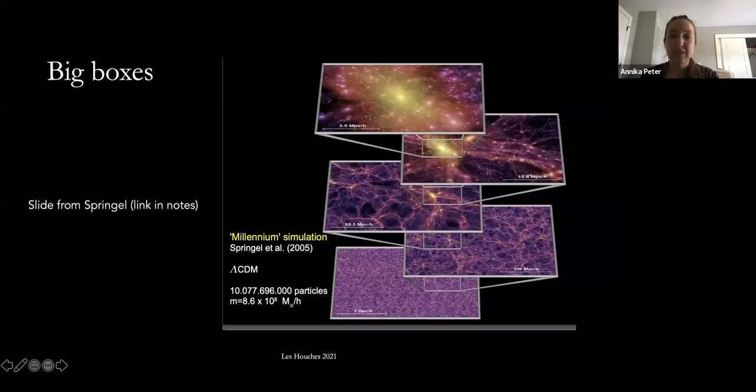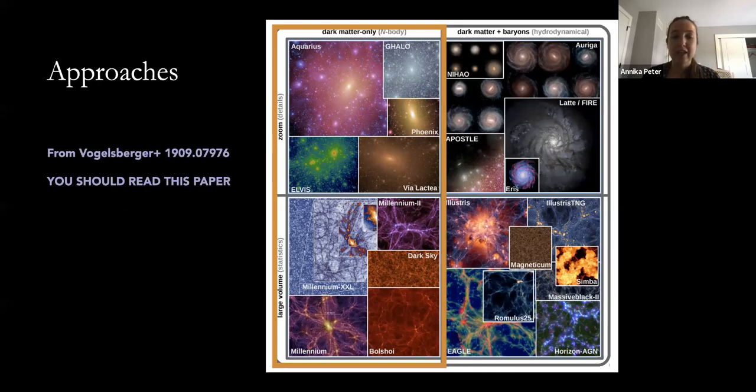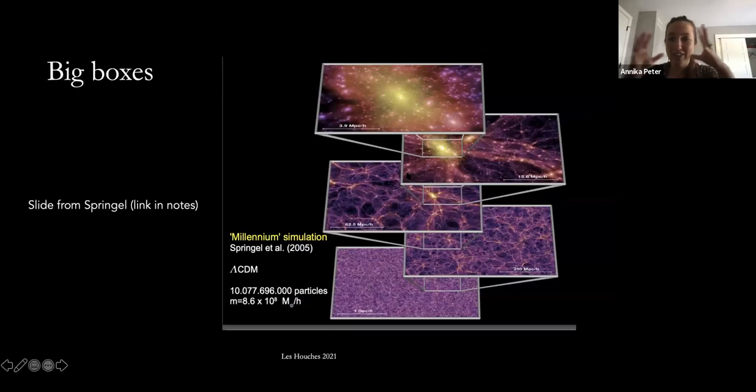Okay, so traditionally a lot of work has been done on these big boxes. This is a great set of images where they've highlighted more and more regions in this Millennium N-body simulation. But traditionally, these big boxes have been used to mimic or to interpret wide field galaxy surveys.